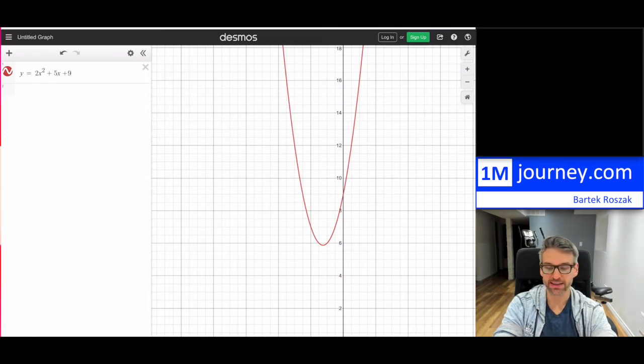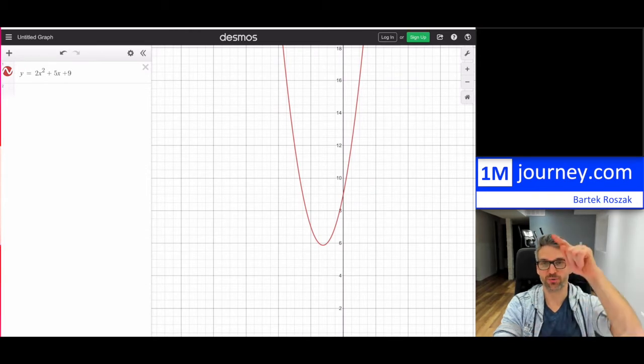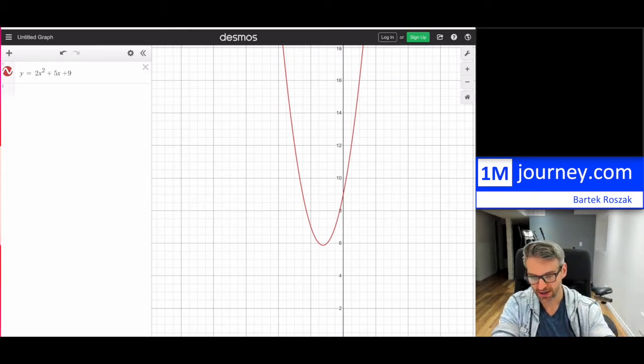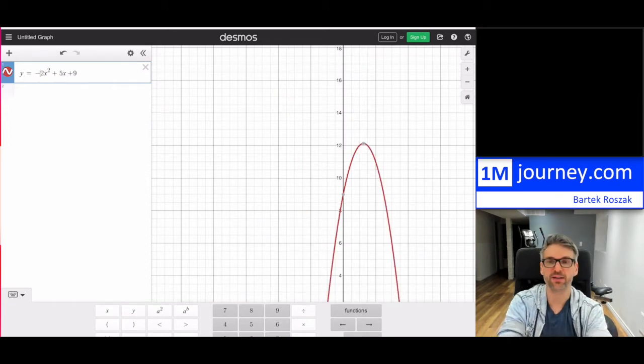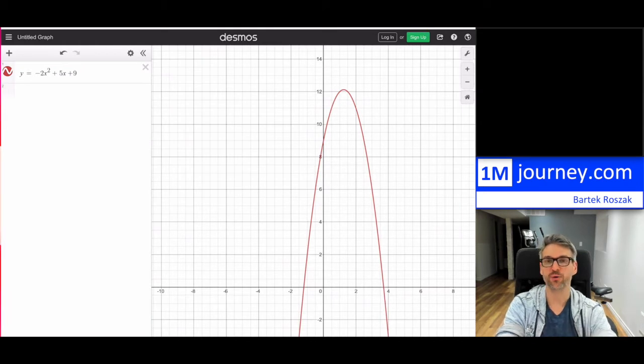But the key idea is that as long as that a is positive, our parabola is nicely looking upwards. Now, if I make it negative, notice what happens. Now the parabola is actually looking down. And that's what I mean with depending on the cone and the intersection of the plane.